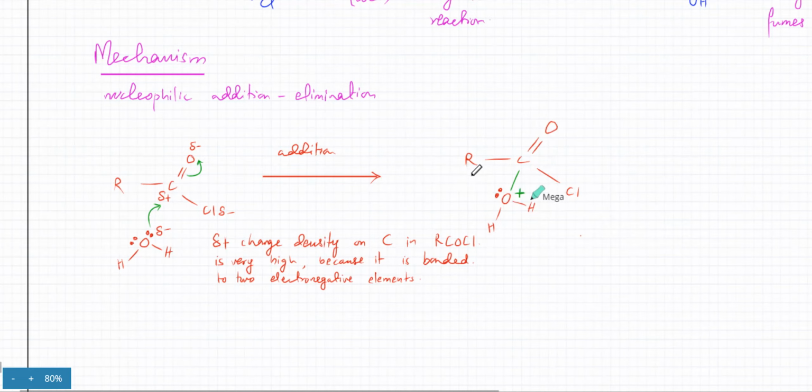At the same time, the double bond's electrons were getting repelled by water's lone pair. So there's only going to be one bond left, and this oxygen will have a -1 charge now, because the double bonded electrons have been repelled and are now with oxygen at the top.